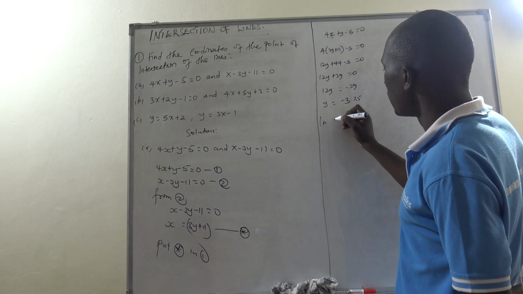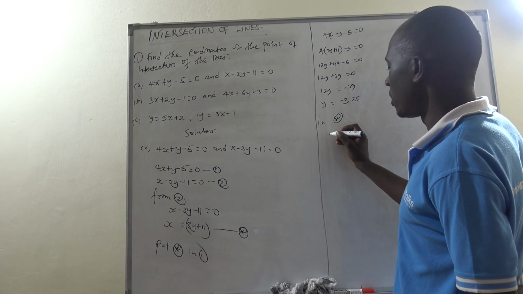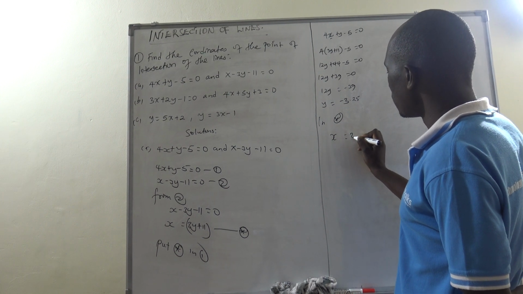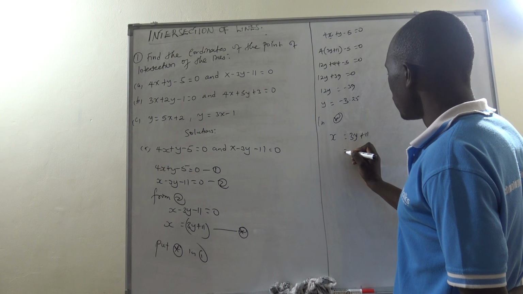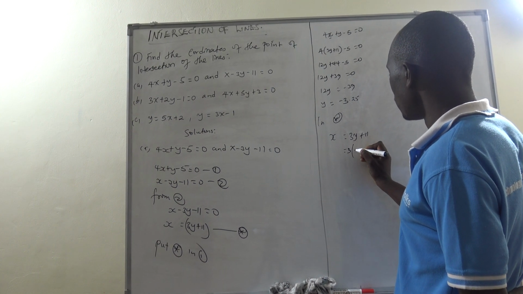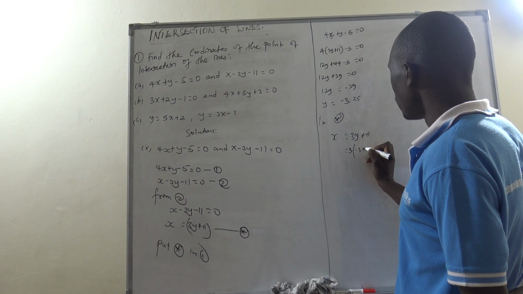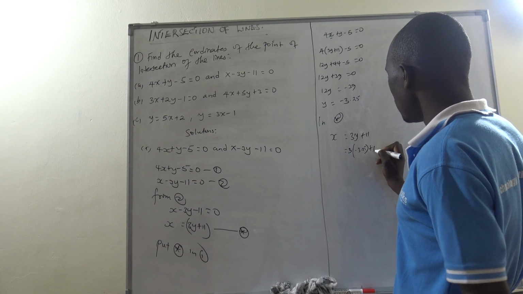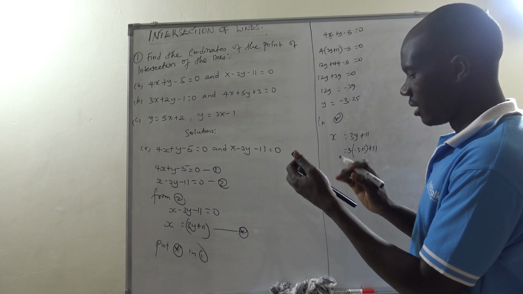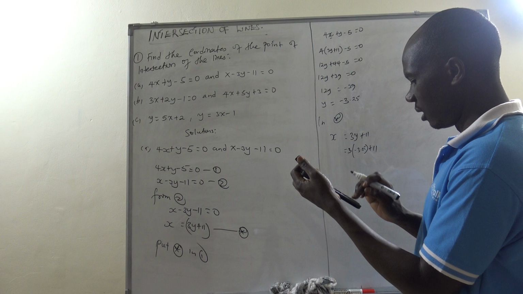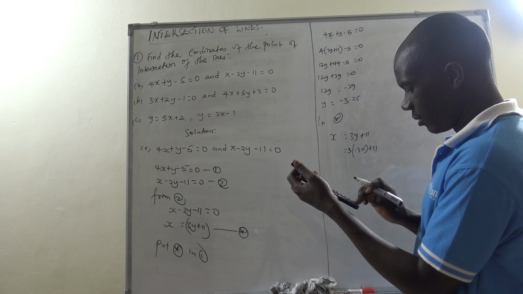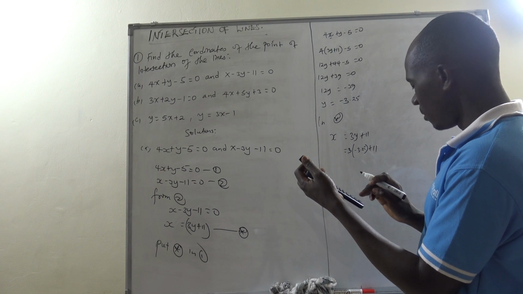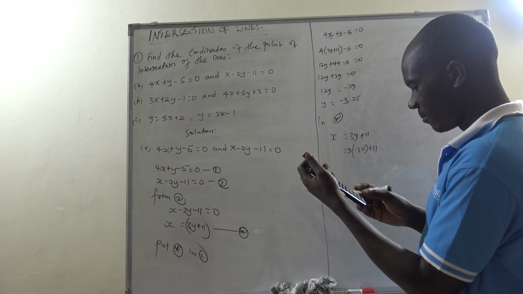You can say in star, what is star saying? x equals 3y plus 11, which is given as 3 into negative 3.25 plus 11. So can we multiply that? We say 3 into negative 3.25 plus 11.